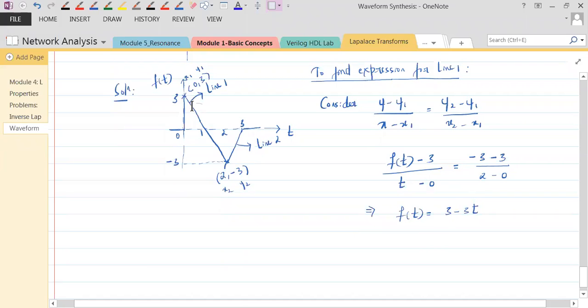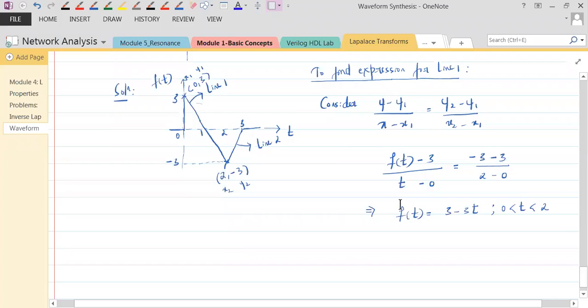Line 1 expression is obtained as f of t equal to 3 minus 3t, from 0 to 2. So f of t is 3 minus 3t for t greater than 0 and less than 2.